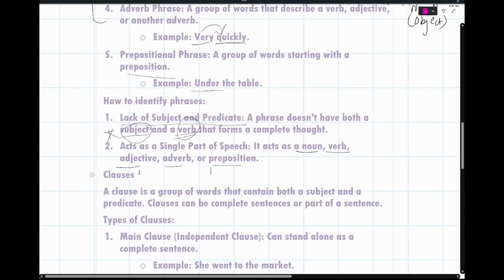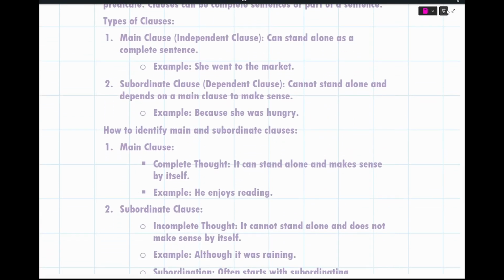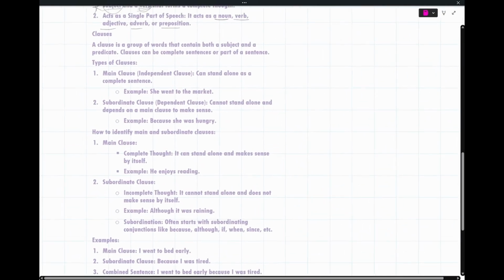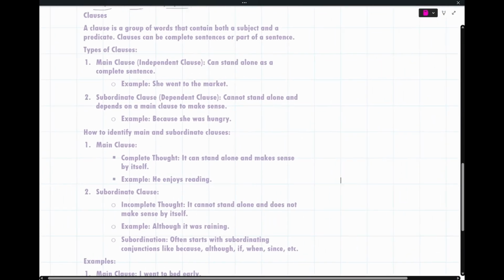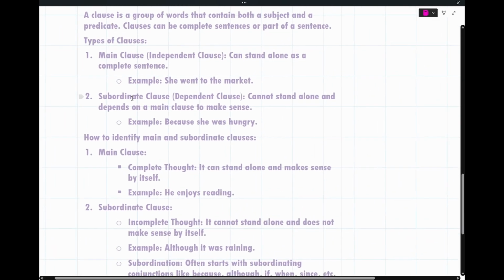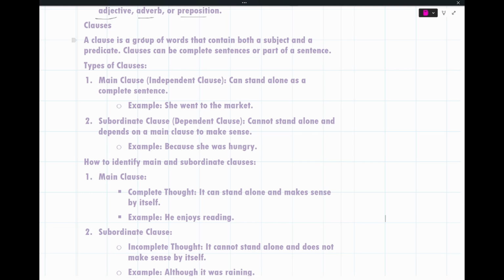Okay. Next is clauses. So now let's discuss what clauses are. As it says here, a clause is a group of words that contain both a subject and a predicate.